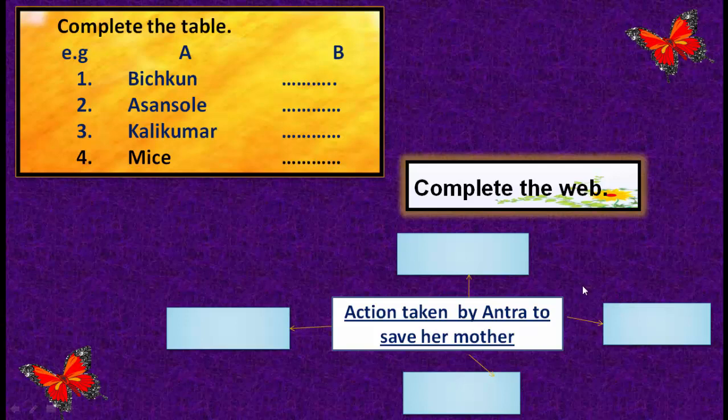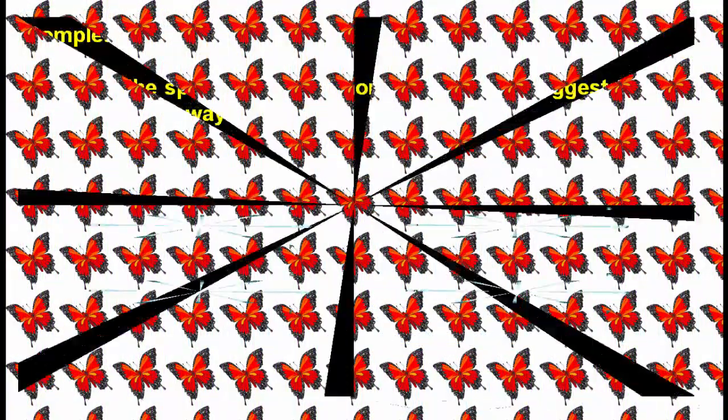It means you have to write the answer of the web question in running matter. These 4 boxes are the symbols that you have to write 4 points against this side heading. So, my dear friends, the next point is complete the flow chart.